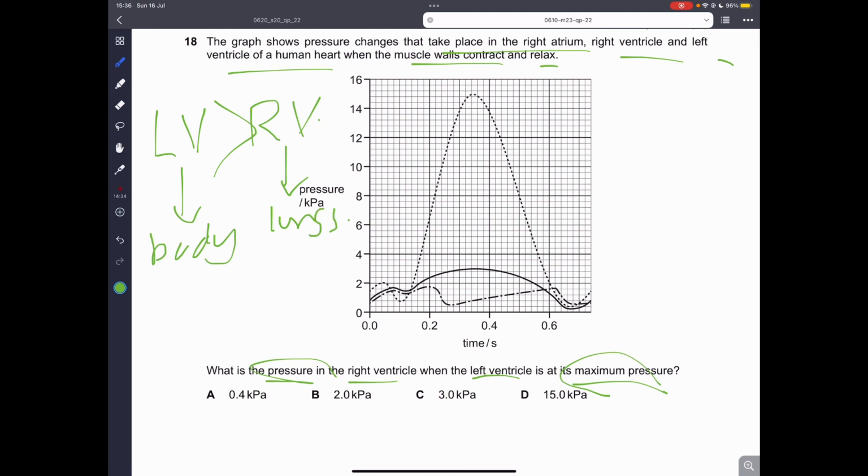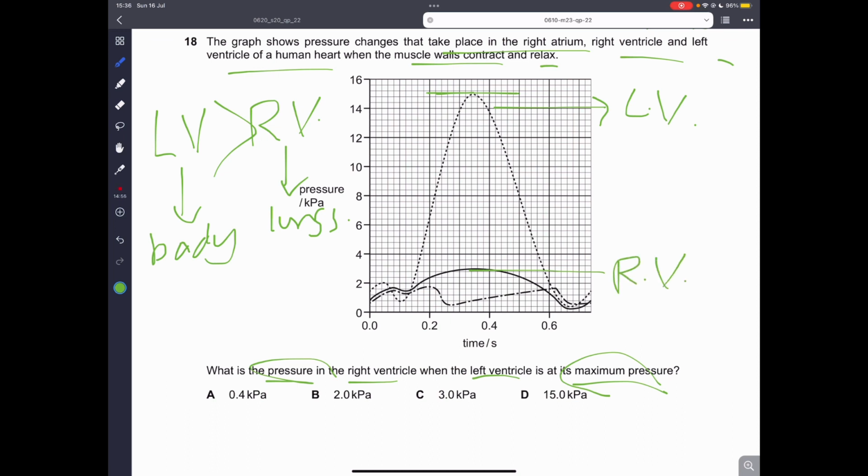And the lungs are pretty close to the heart. While for the whole of the body, you have to have an enormous amount of pressure to actually push the blood around. And therefore, we can know that the highest peak on the graph is the left ventricle, and the slightly lower pressure one is the right ventricle.